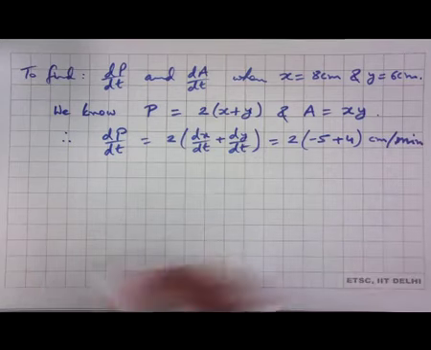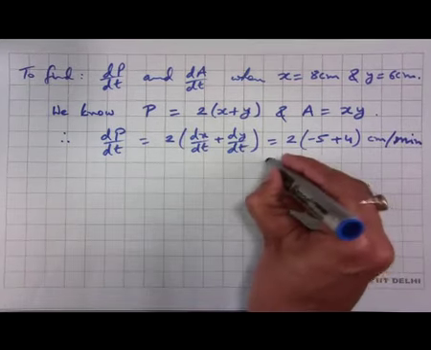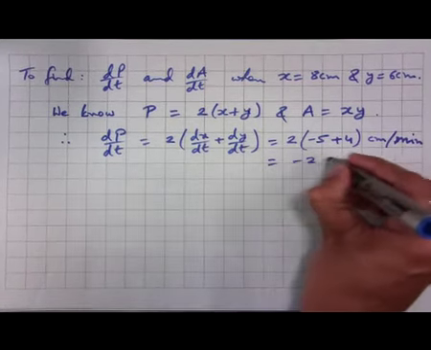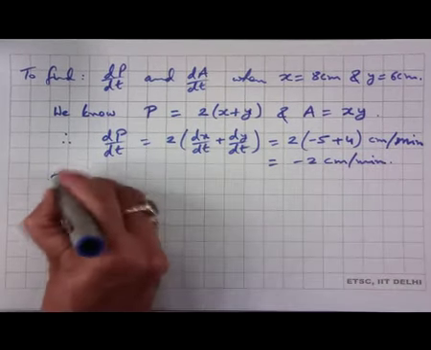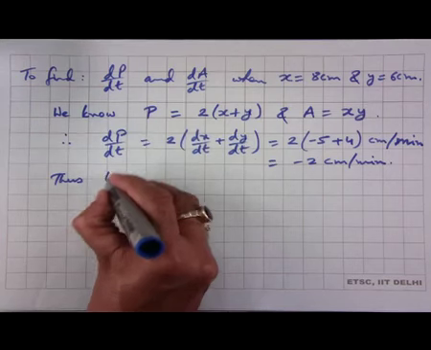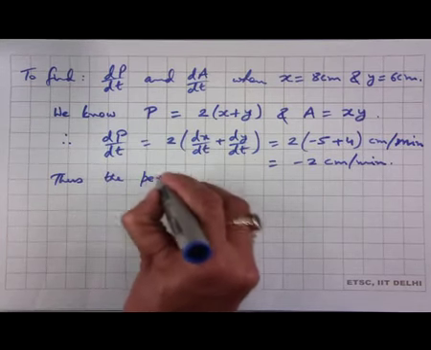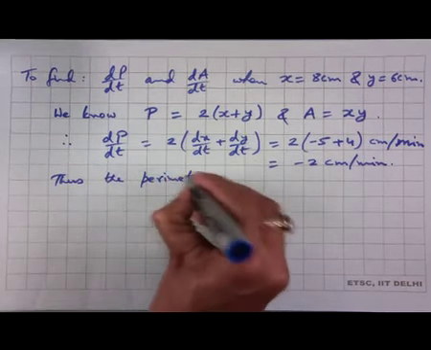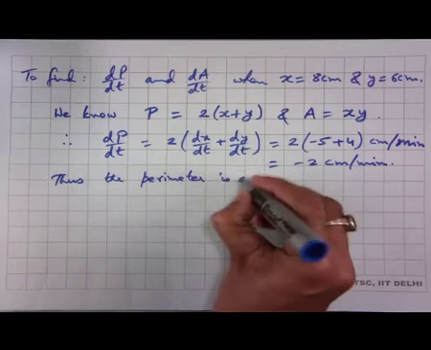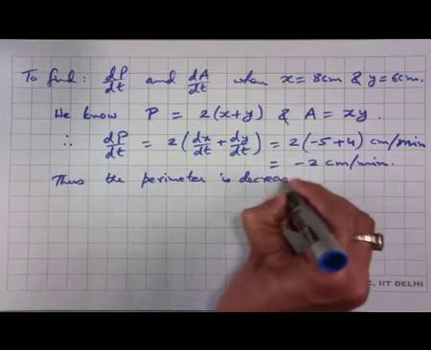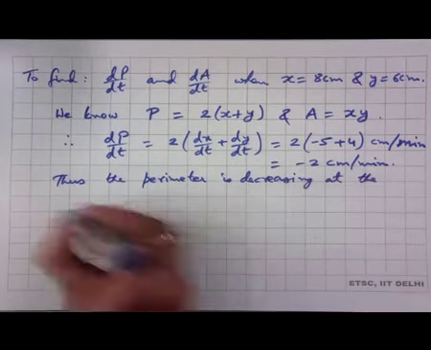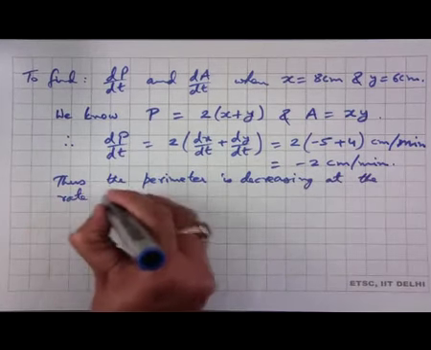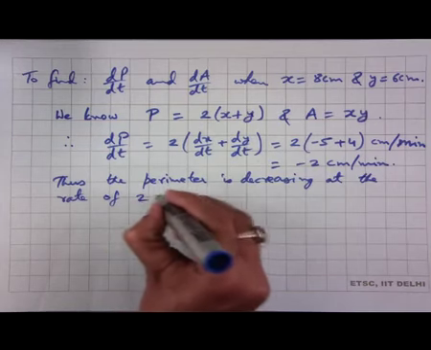So, this gives us minus 2 centimeter per minute. Thus, the perimeter is decreasing at the rate of 2 centimeter per minute.